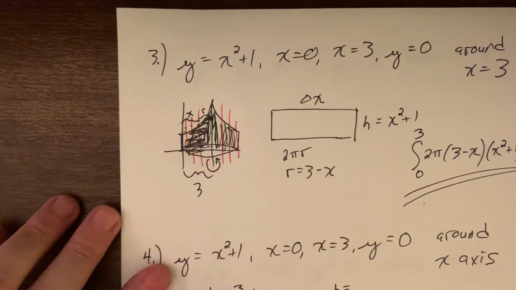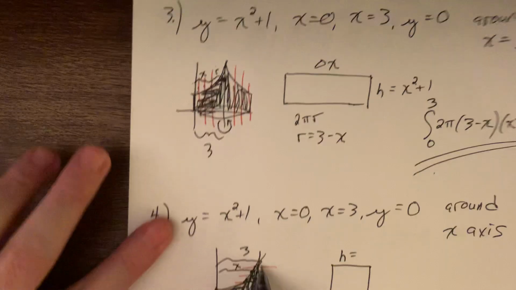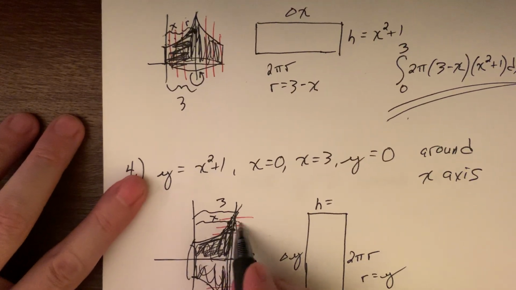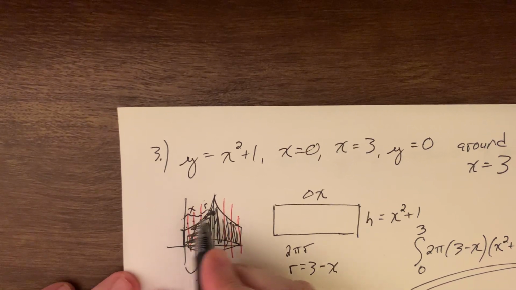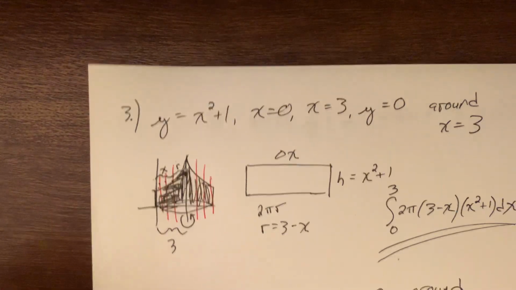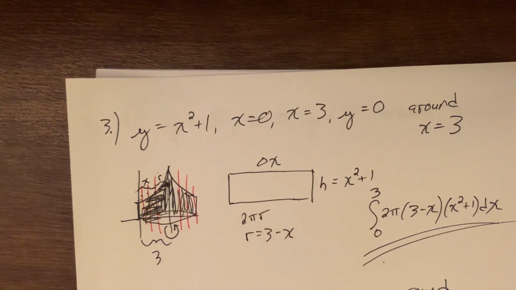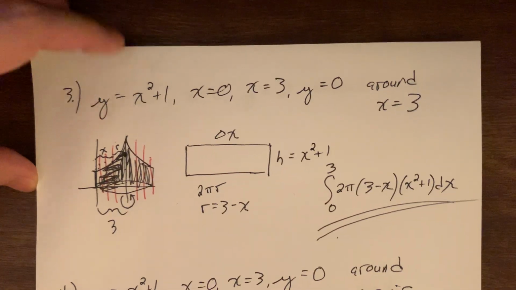Look at what I'm calling h here in this picture, that's pretty much the exact same thing we were doing as r in this picture. So again, you have to be able to draw the picture. Little mistakes going around the wrong axis of revolution, those are definitely going to lead to big problems, unsolvable problems, to be quite honest and frank. So we have to be careful with that.